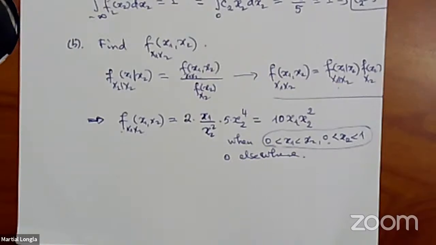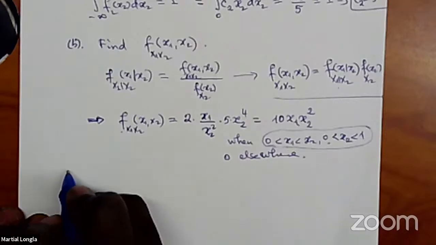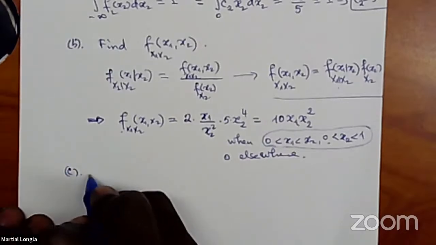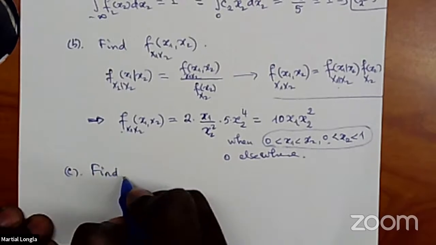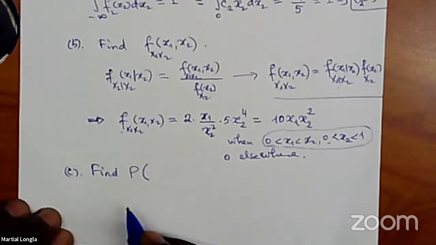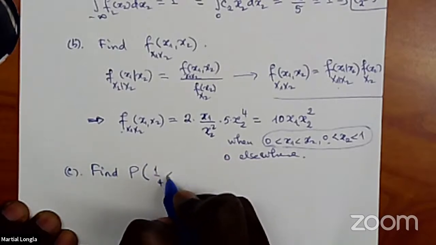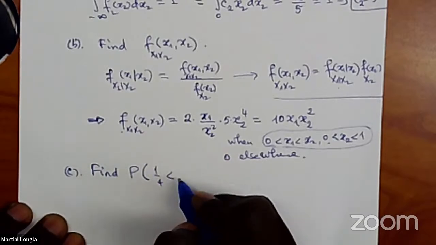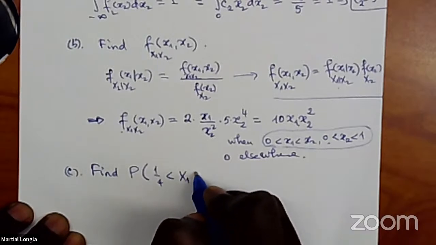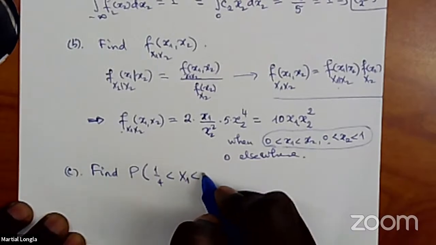Now, the question is, switch the questions: find the probability that 1/4 is less than x1 less than 1/2.